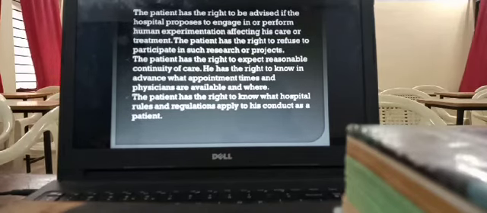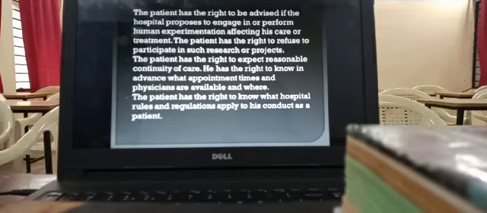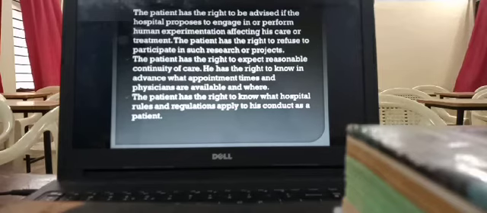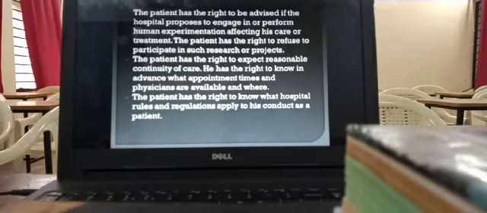The patient has the right to be advised if the hospital proposes to engage in or perform human experimentation affecting his care or treatment. The patient has the right to refuse to participate in such research or projects. Most research hospitals, and we are also one of the research hospitals in our place, sometimes want to perform research on a patient.